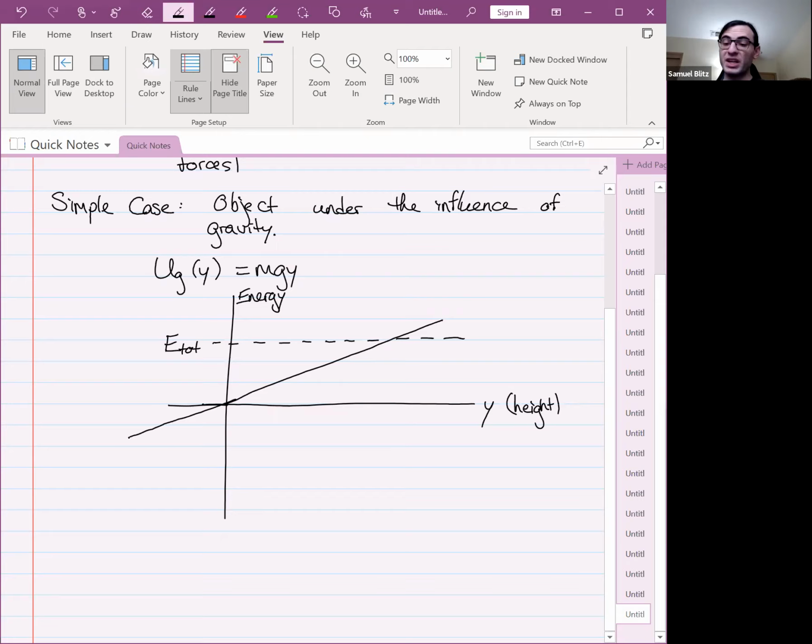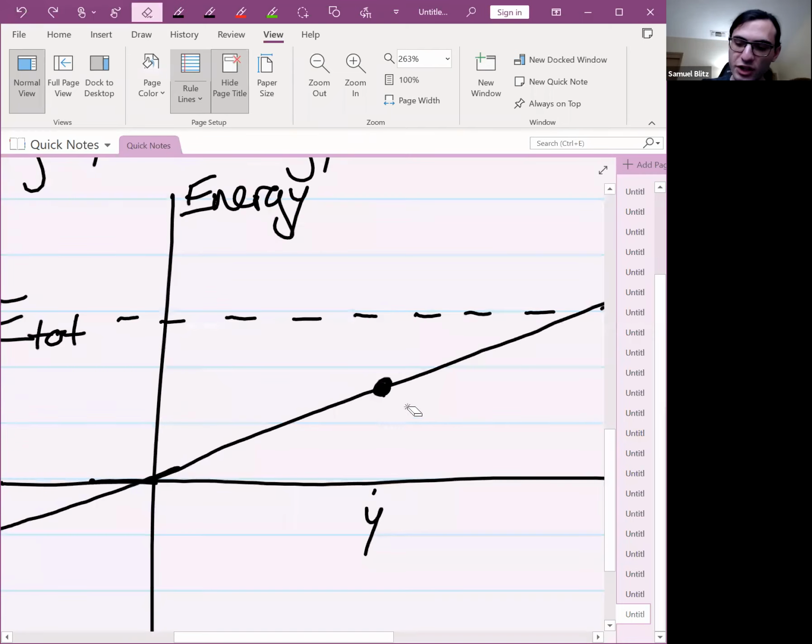So now we have information about several things. We know what the potential energy is at a given place, because the potential energy at a height y is given by this function. So we now know how much potential energy there is at a given place, and the total energy is just the sum of the potential energy and the kinetic energy.